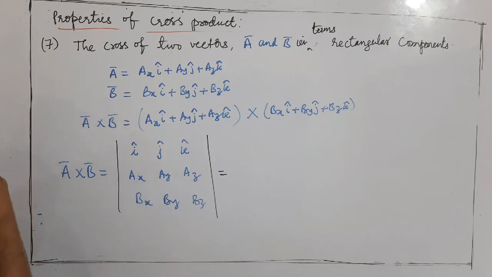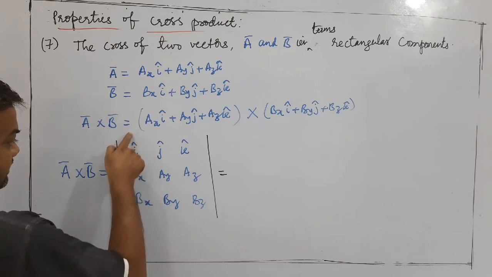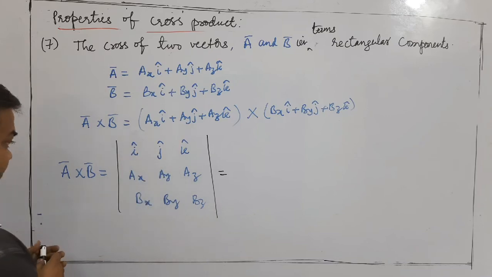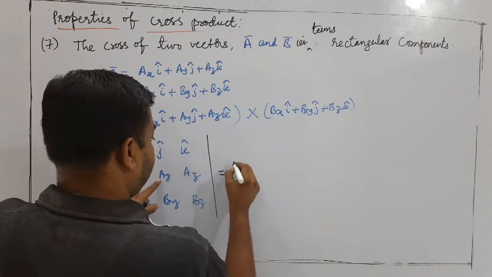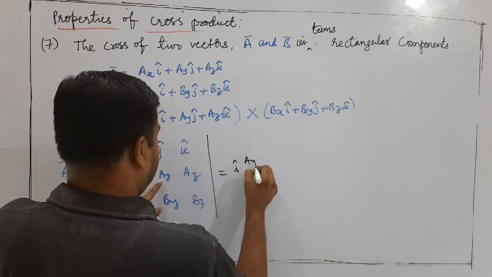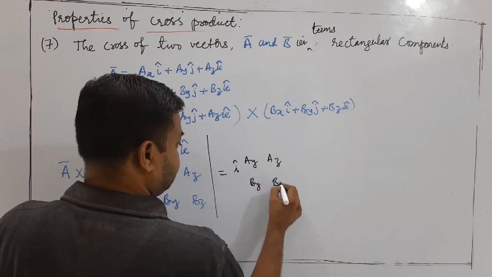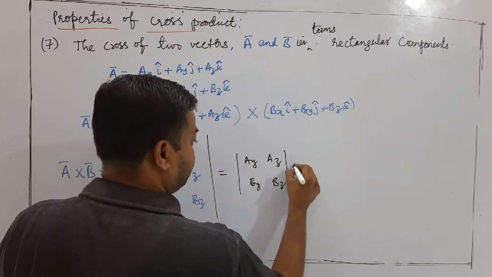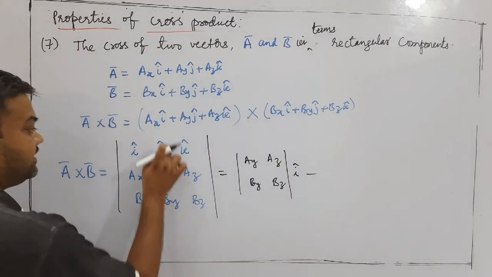Okay, first you observe here. If I want to find out this term, the row and the column related to it, these two have to be removed for the i term. Then I can write i cap into the determinant ay az, by bz. Okay, this determinant you have to find out. i cap minus, again I have to take out j.